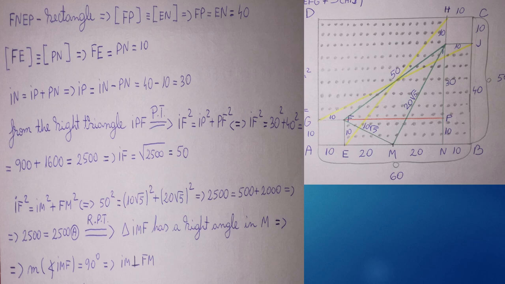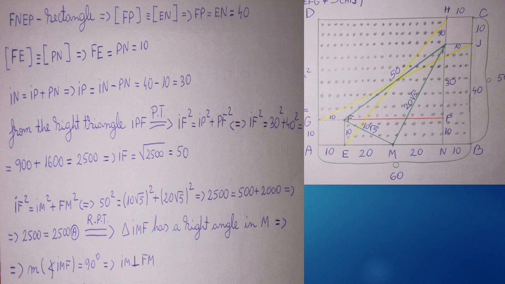The segment FE is congruent to the segment PN, so FE is equal to PN, which is equal to 10. IN is equal to IP plus PN. IP is equal to IN minus PN, which is equal to 40 minus 10, which is equal to 30.